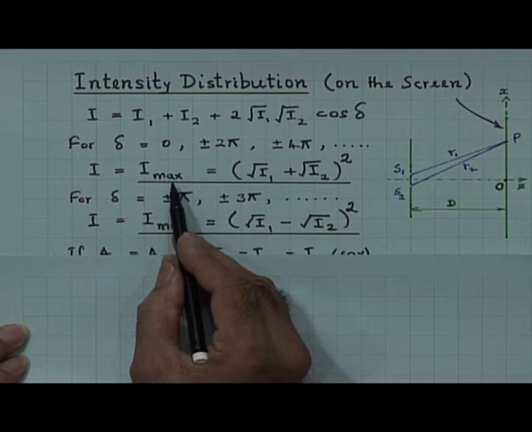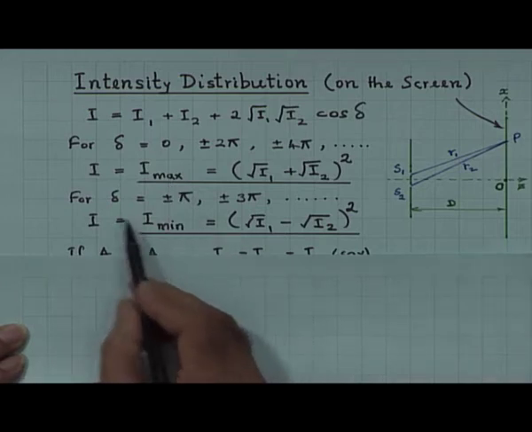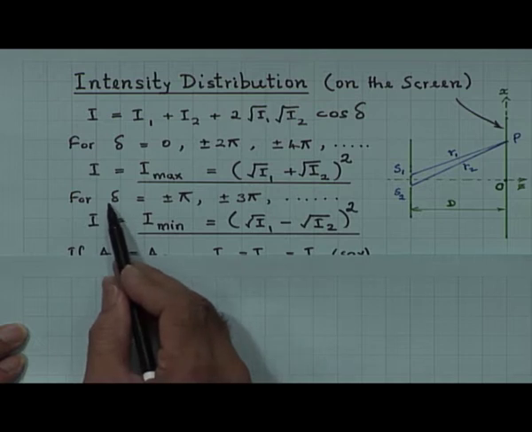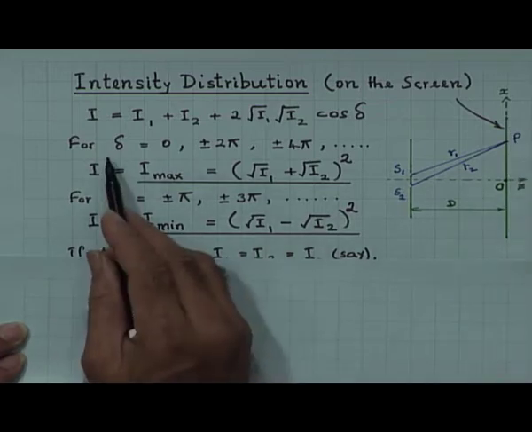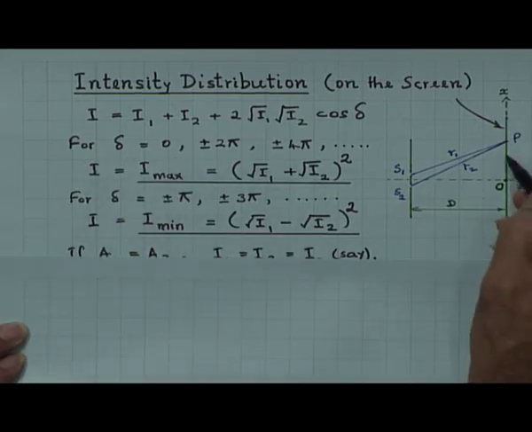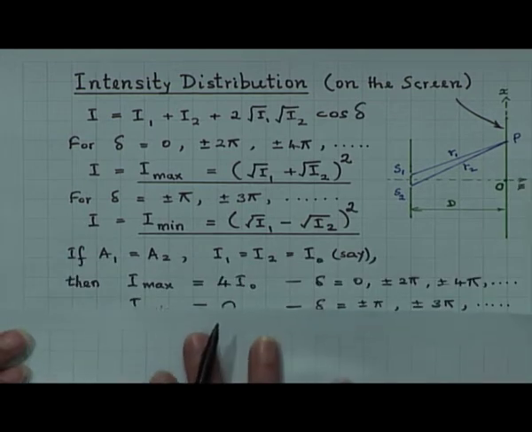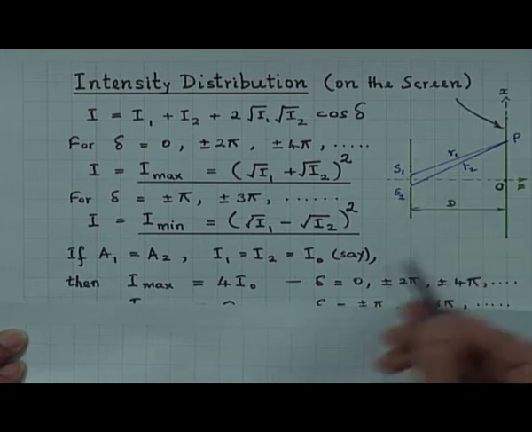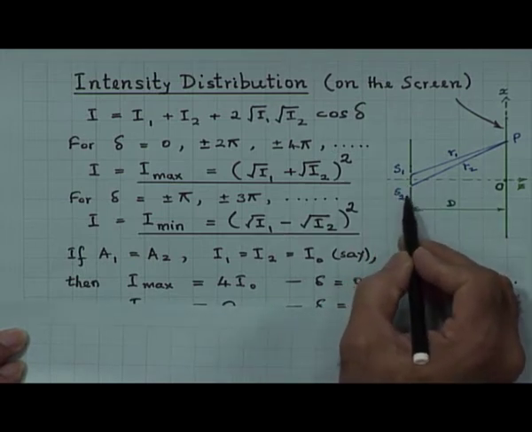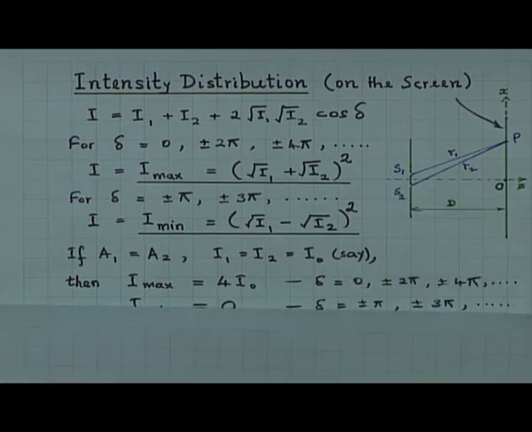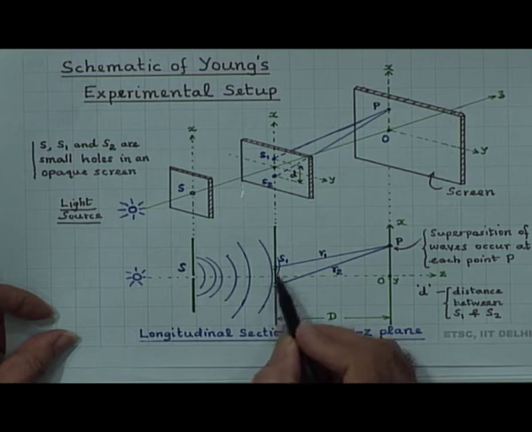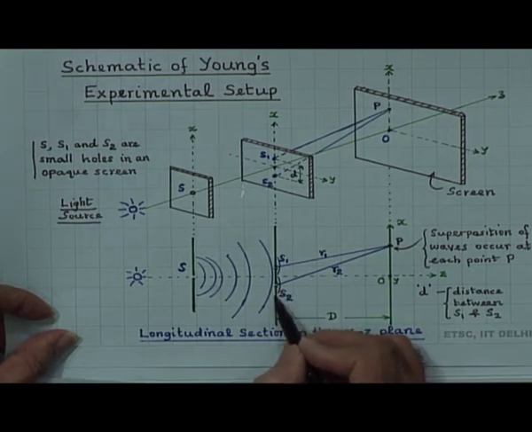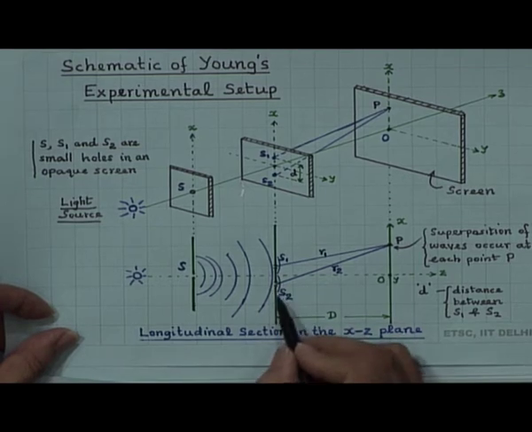So, this is the maximum intensity and minimum intensity depending on the value of delta, which will depend on the position of the point P, because delta will take different values depending on the position of the point P. And if A1 is equal to A2, as is the case here, S1 and S2 are drawn from the same wavefront, as we recall from the diagram, and therefore they have the same amplitude and they are in phase at this point.